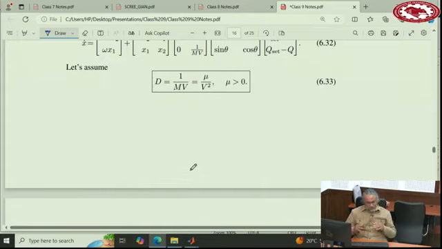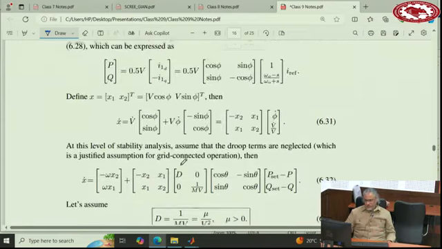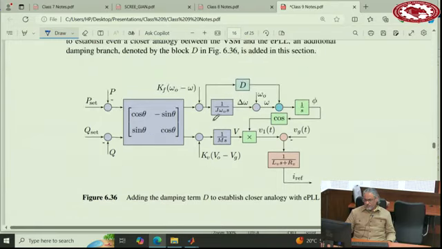And once you do a stability analysis, during the stability analysis, you can find how to design the parameters. Here the parameters that you have are this D and this M. J will be the moment of inertia. That's the point I told you before. In DC, we did not have a clear indication of how to choose J or that capacitor.